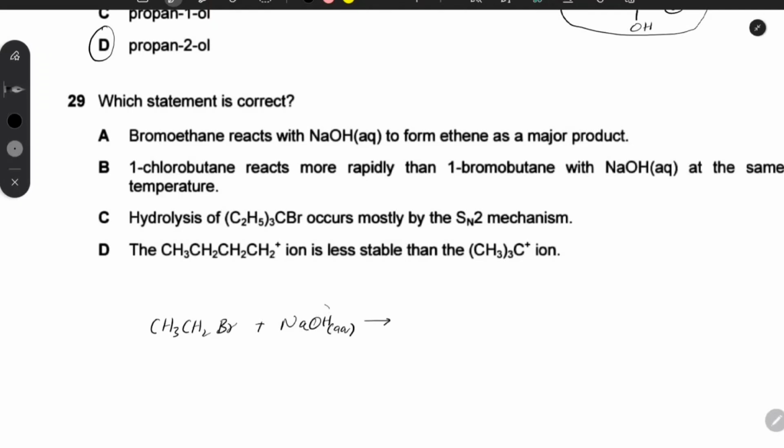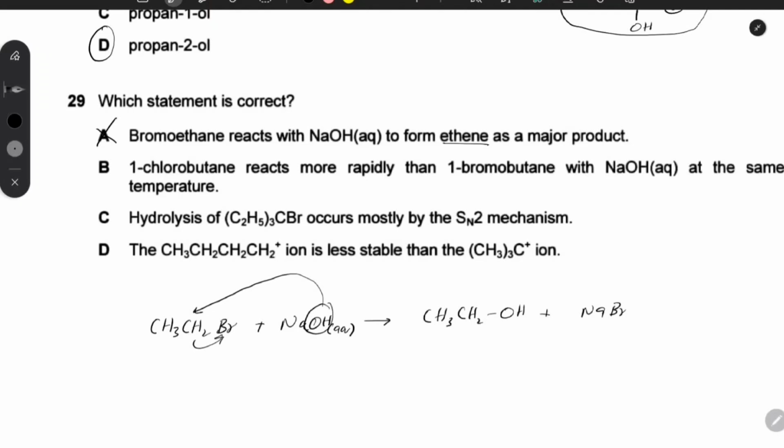We will basically have a substitution reaction where OH, being a stronger nucleophile, will replace this Br, and after this displacement you will get alcohol as the product and sodium bromide is our side product, right? That is why we are not getting ethene, because this is a substitution reaction, not an elimination reaction. So option A is incorrect.